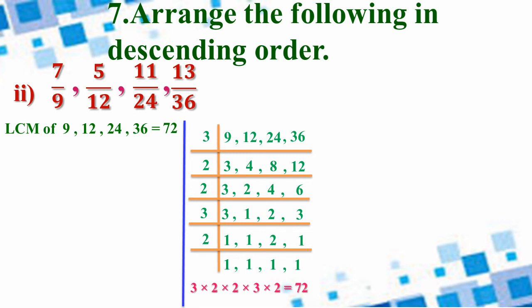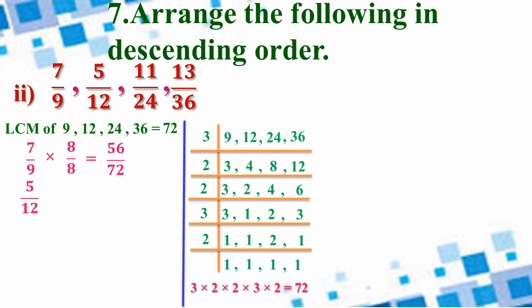Now we will multiply both the numerator and denominator of the given fractions by a suitable number. Let us multiply both the numerator and denominator of 7 by 9 with 8. So we get 56 by 72.